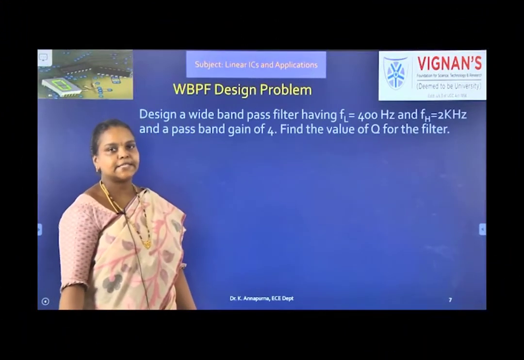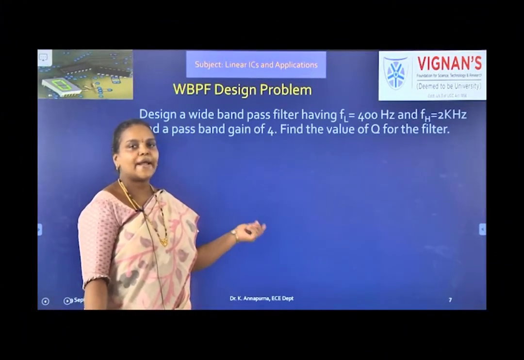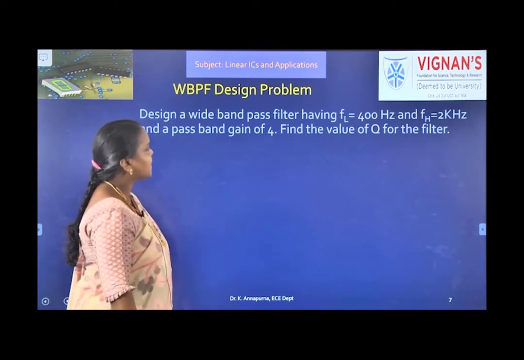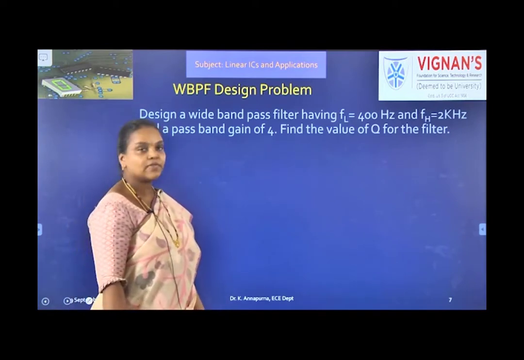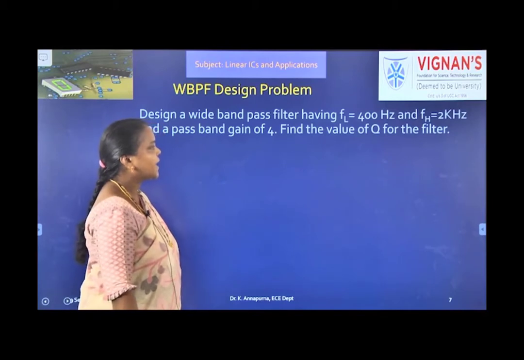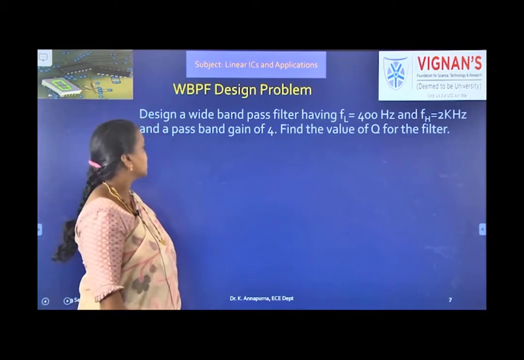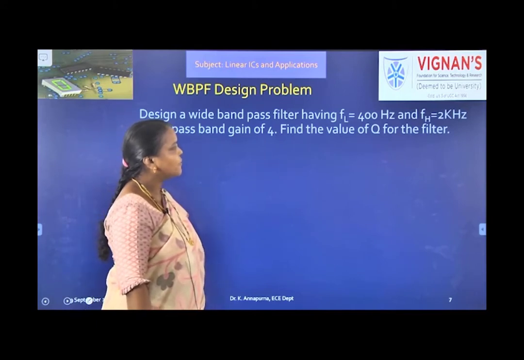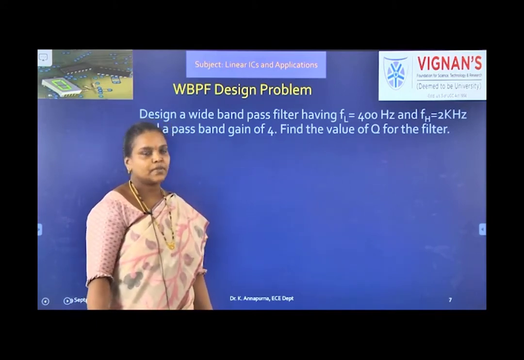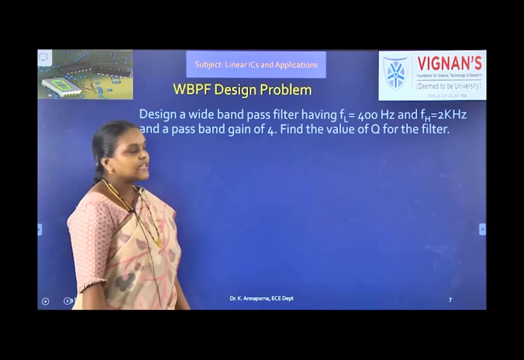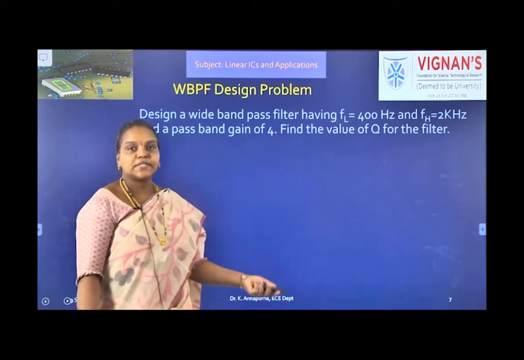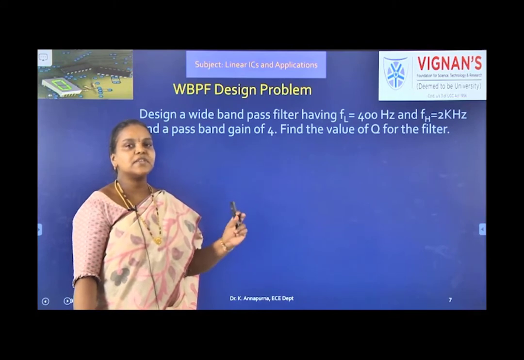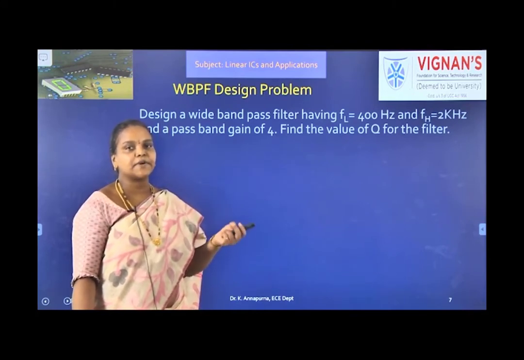Now let us see a design problem for wide band pass filter. Design a wide band pass filter having FL equal to 400 Hz and FH equal to 2 kHz and a pass band gain of 4. Find the value of Q of the filter also. Okay, here what is FL? Is it cutoff frequency of high pass or low pass? Already I have mentioned FL means it is the cutoff frequency of high pass filter.